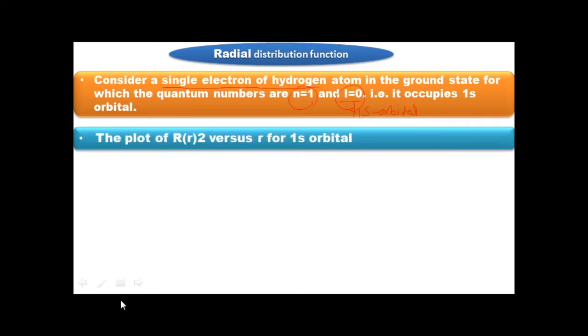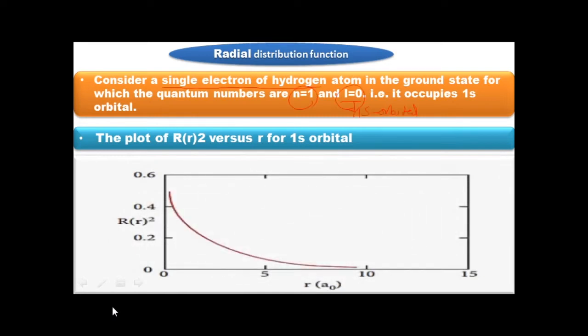Now we are going to draw the graph between r squared psi squared versus radius. What is psi? Psi is the radial wave function.